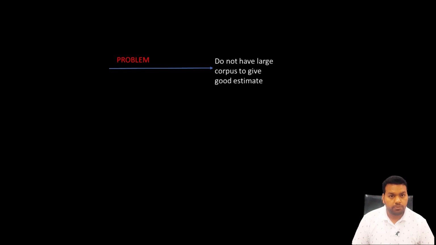But there is a problem. What is the problem? We do not have a large corpus of data. Even the web is not a large enough corpus when it comes to natural language processing. Why? Because language is so creative. All the time new words are created, new sentences are created.